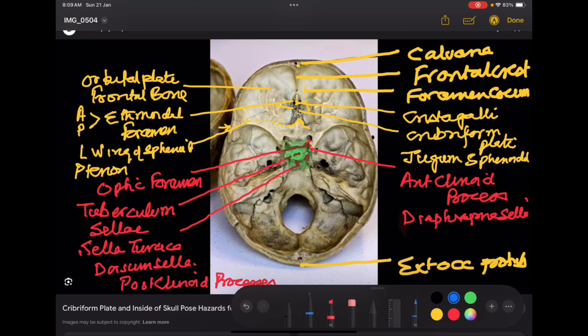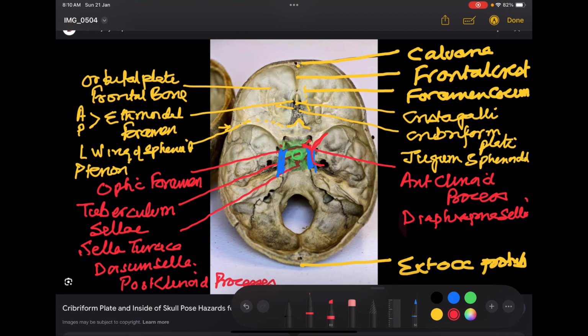Lateral to the middle cranial fossa, you have the cavernous sinuses here. The main structure that passes through the cavernous sinus enters through the foramen lacerum, the internal carotid artery, and winds like this into the anterior cerebral and the middle cerebral. So this is the internal carotid artery.